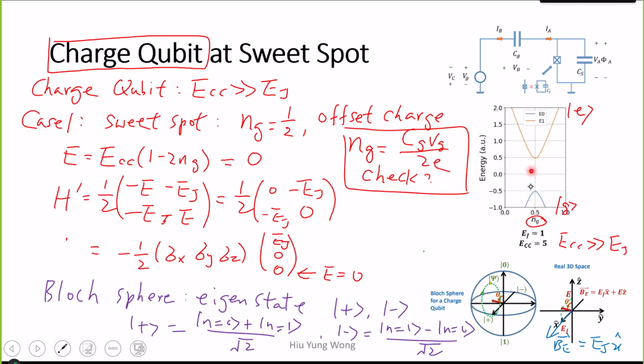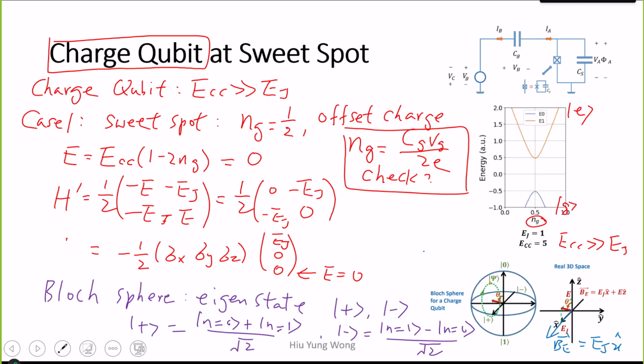But this is the energy of the state. Can you see what happens if the offset charge goes to the left or right? Instead of 0.5, I get 0.6, 0.7. Do you see that the energy changes a lot? And what is this offset charge? It is a charge controlled by my inputs through the capacitor.